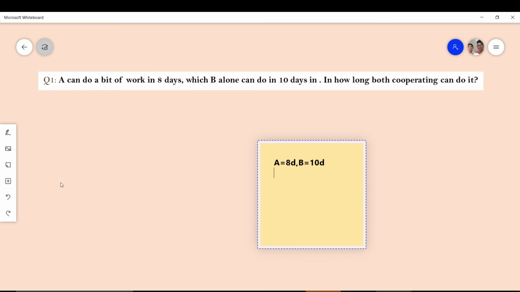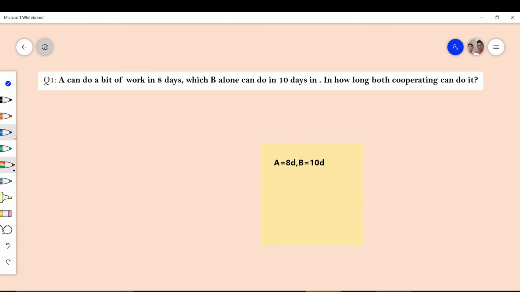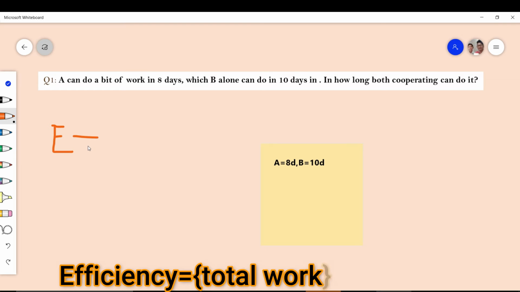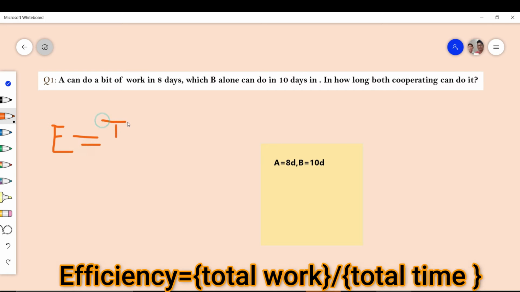So as of now we are very familiar with the formula: efficiency E is equal to total work by total time taken. But we don't know the total work. In this case, what we will do is find the LCM of 8 and 10.